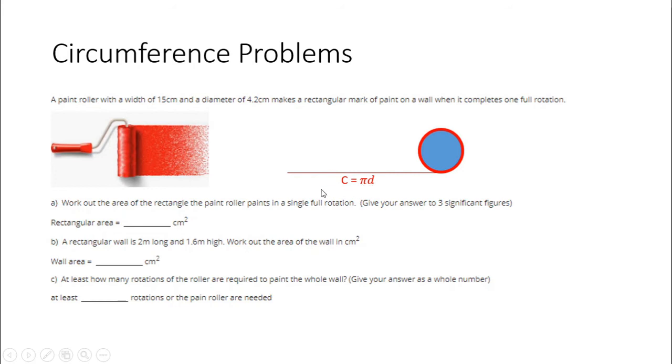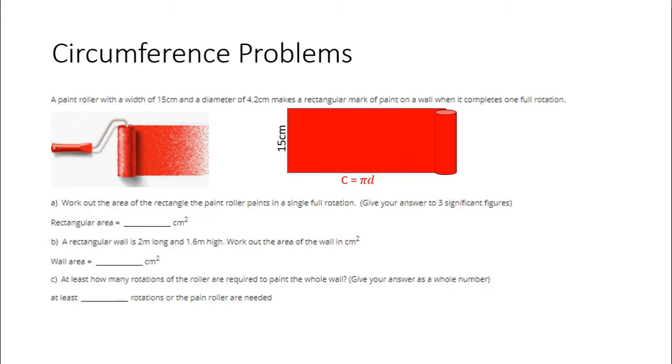Now to see that two-dimensionally, because right now I'm just showing you a one-dimensional line, to show you the two-dimensional area that covers when it makes that mark, again, I'll roll that roller one rotation, and you can see that the length of that rectangular mark is the circumference of the roller, and the width of that mark is the width of the roller, which is 15 centimeters.